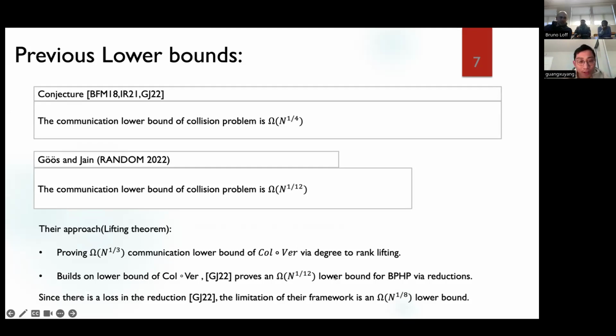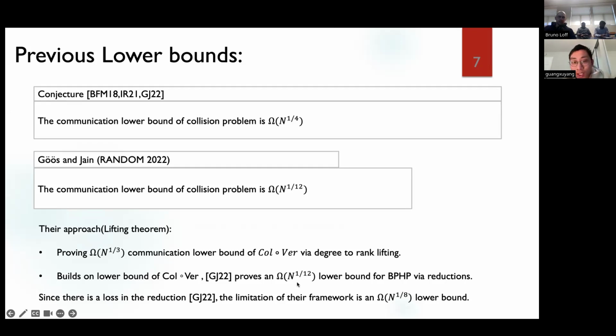But they also show that there is a loss in the reduction. But you've proven an upper bound of n to the 1/4, so why is there a lower bound of n to the 1/3? So the first line says they prove the lower bound of n to the 1/3 on the communication of collision composed with some gadget.